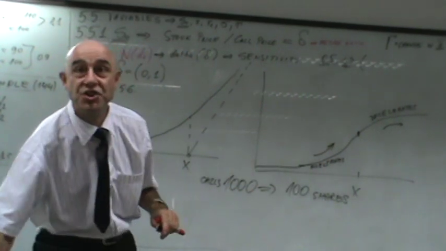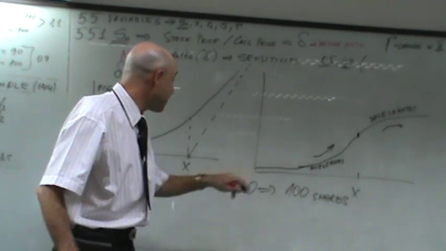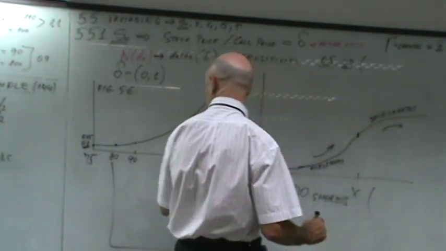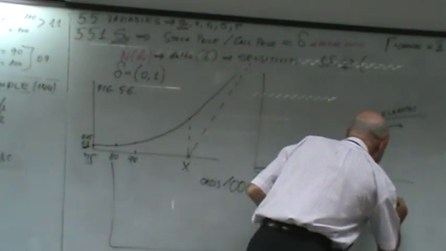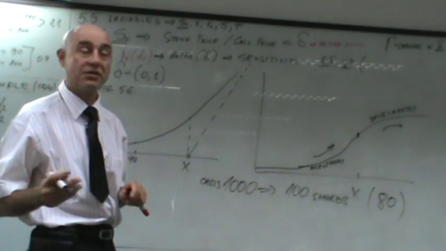Okay, we need 100 shares. Well, what happens next? We need 100 shares when the price is 80 to remain hedged.